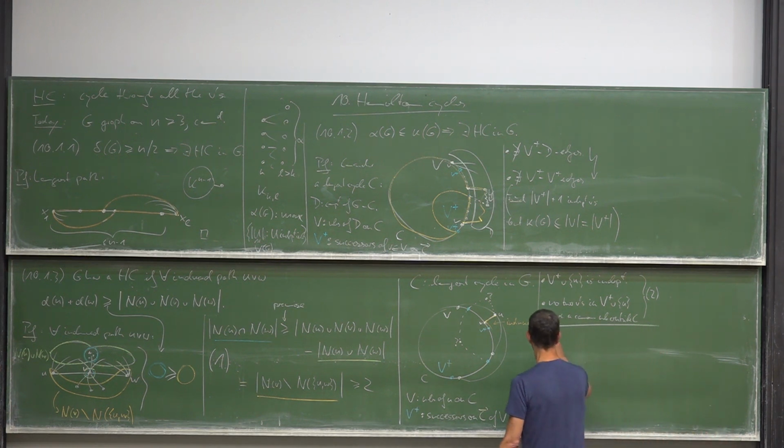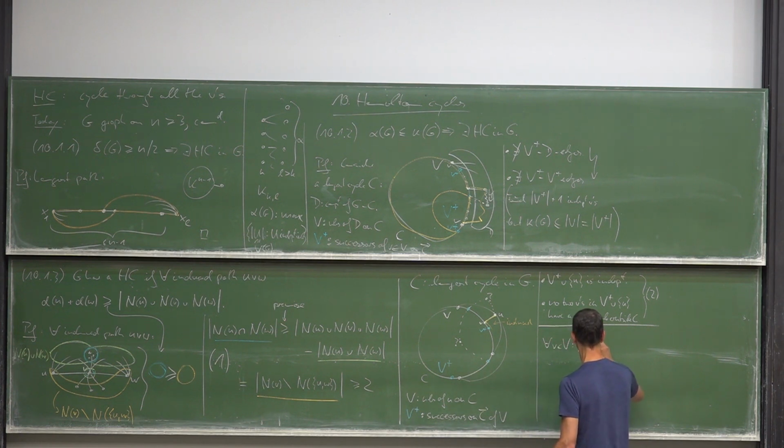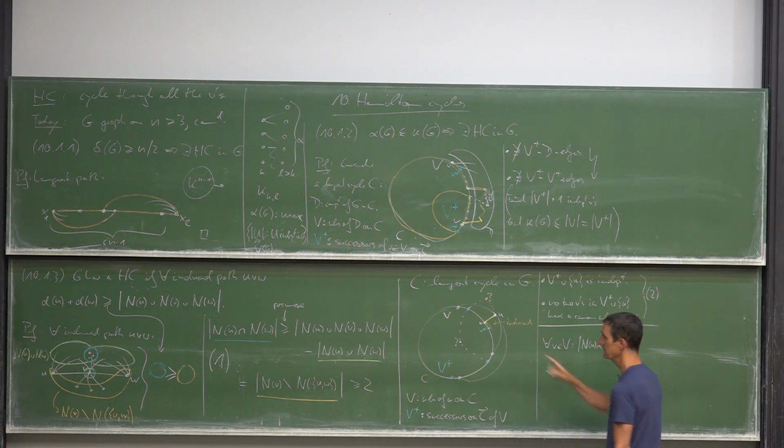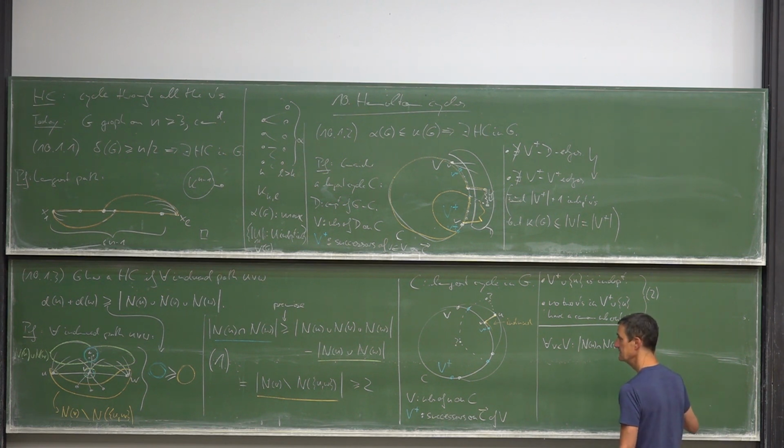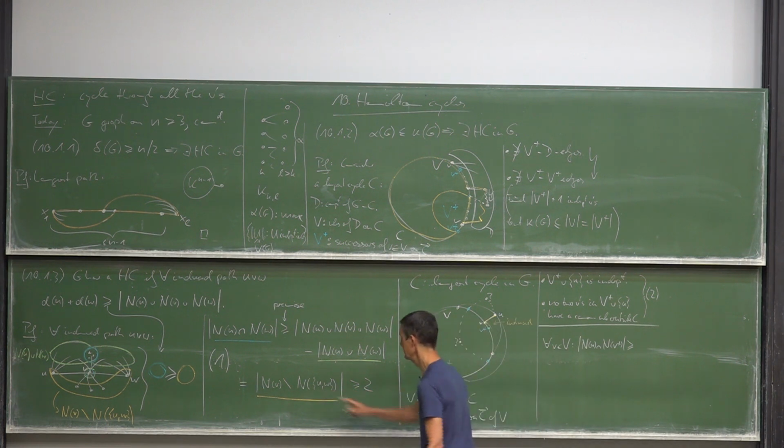So for every little v, we have the number of joint neighbors, of common neighbors between u and w, is at least this here, yellow.